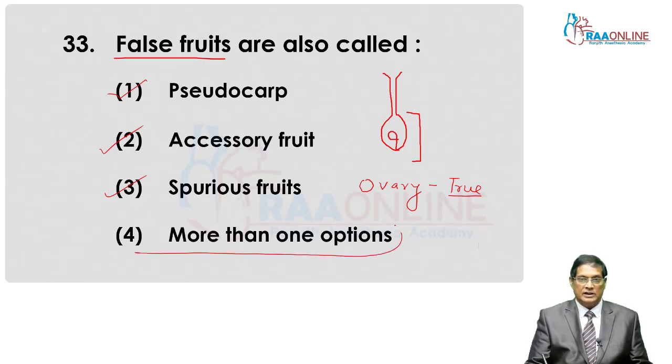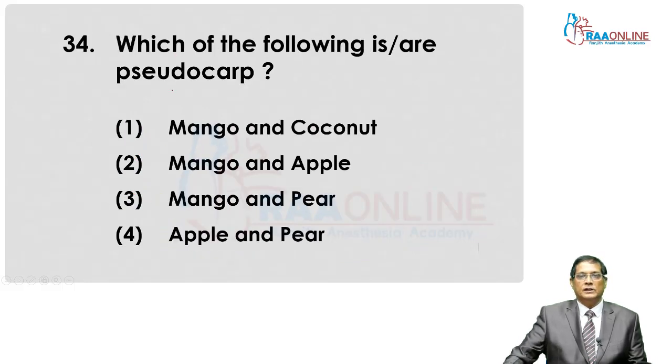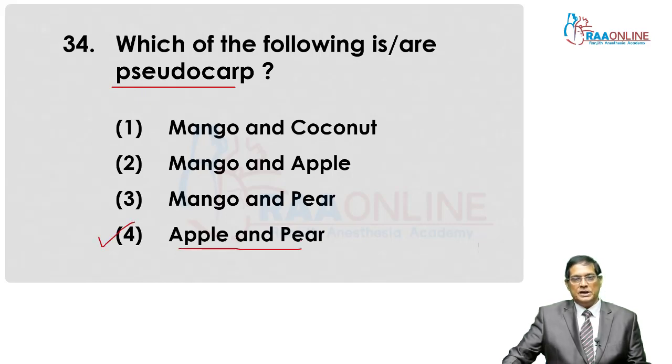That's why the answer is more than one. False fruits are known as pseudocarp and spurious fruit also. Let's see, this is a question based on example, that is which one is pseudocarp or false fruit. Best answer is apple. Apple and pear.